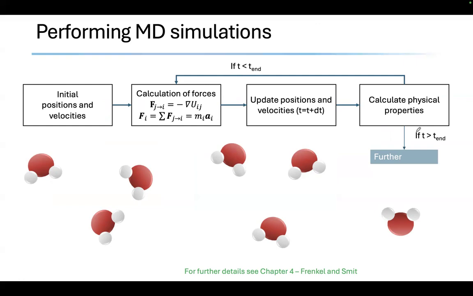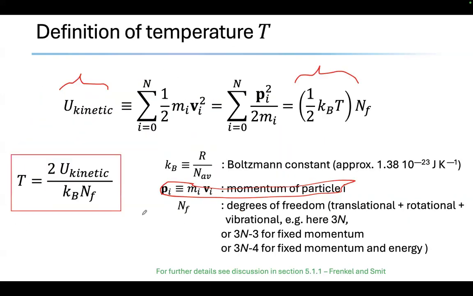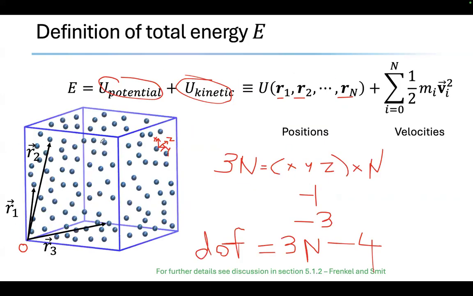The entire procedure can be split into 4 parts. The first part is to perform an initialization, where you fix the initial positions and velocities of the molecules inside a box. I will always get back to this particular figure. You can assume that this is a simulation box where you have defined the boundaries.